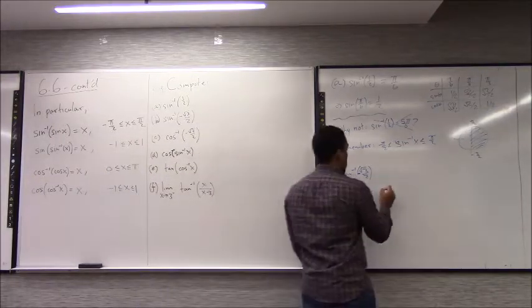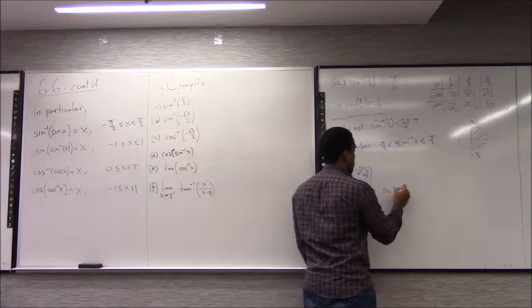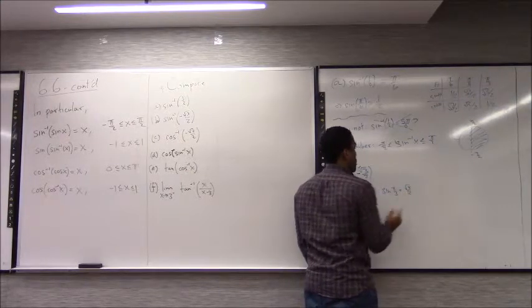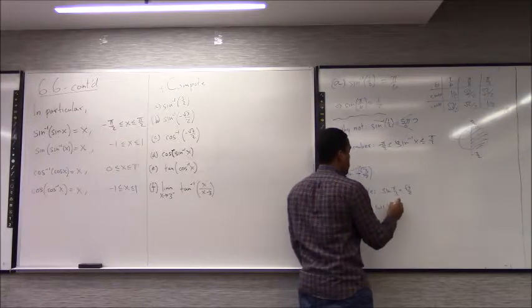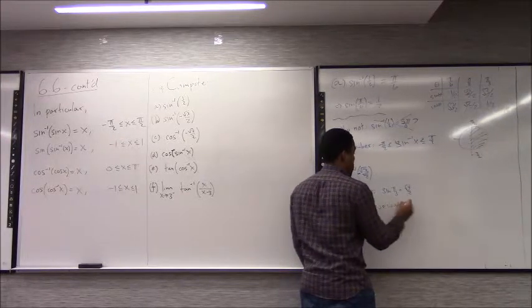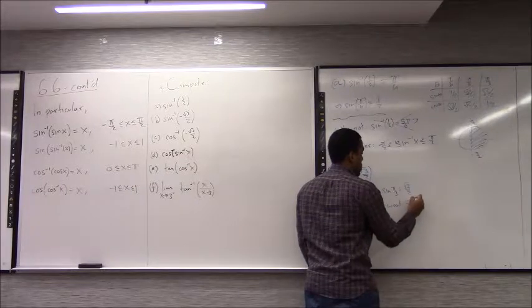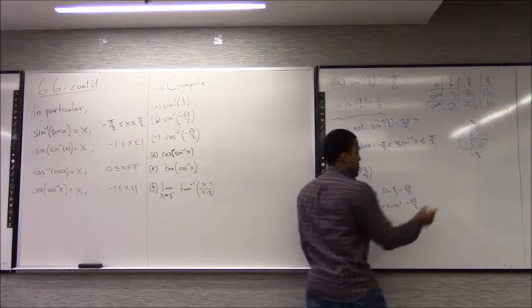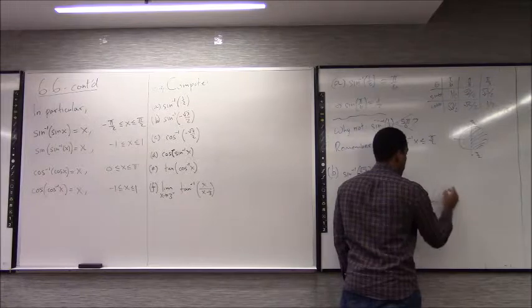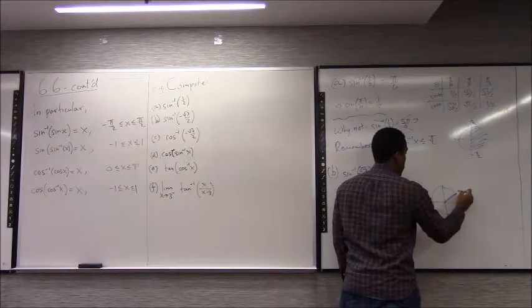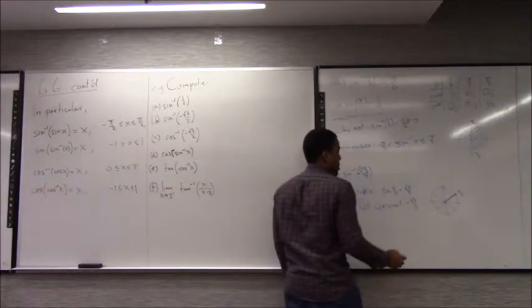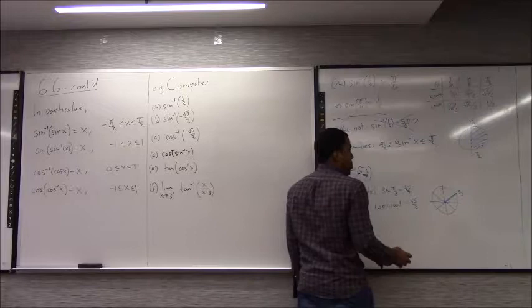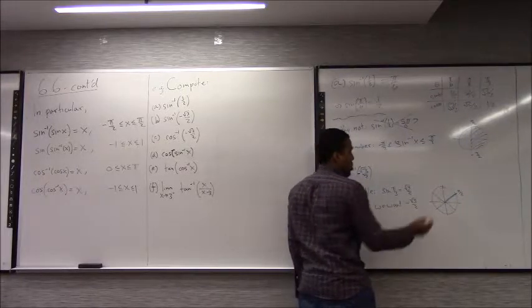We know that sine of pi over 3 gives us radical 3 over 2. But we want negative. So then you go here. You know this is where the pi over 3 is. But which angle do we want?